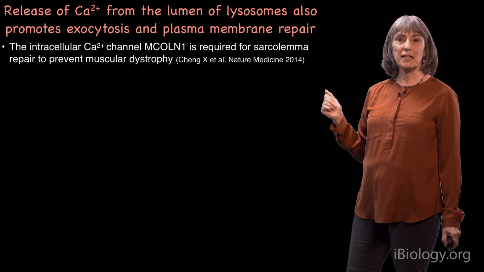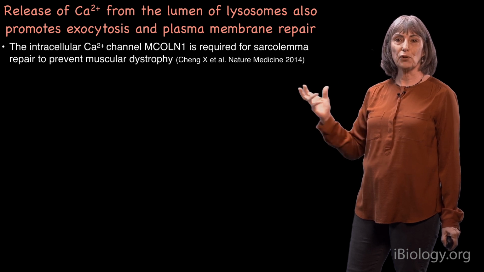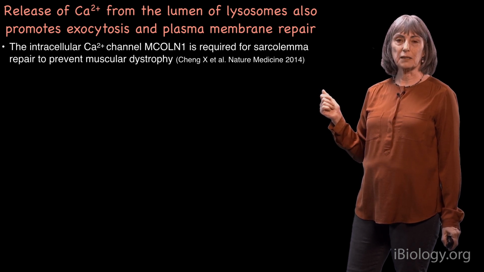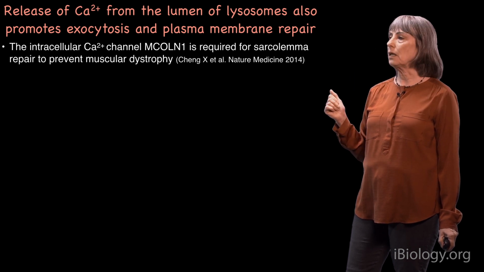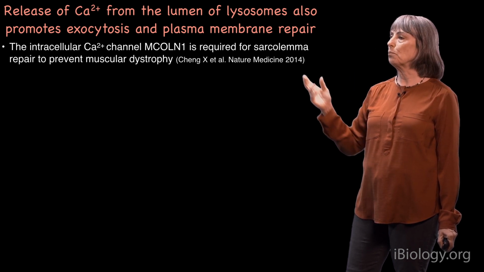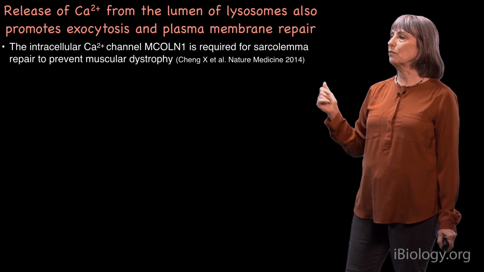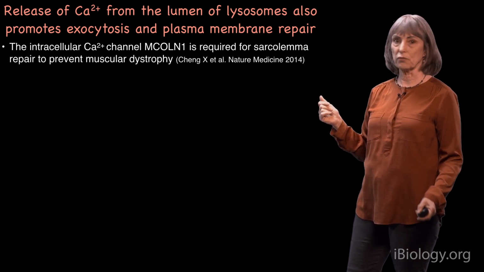So again, this is what we would predict: if you have an abnormal response of lysosomes to calcium release, you end up with muscle pathology, and probably the calcium inside of lysosomes is also very important for this process.